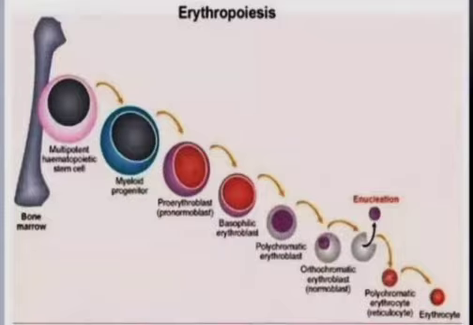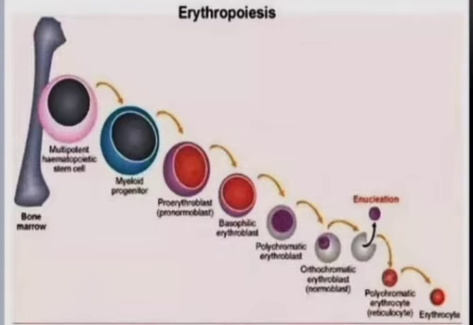The polychromatic erythroblasts are smaller in size than the basophilic erythroblasts, and they acquire a diameter of 12. So you can see that the sizes of these cells are gradually and progressively reducing. The same thing with their nucleus. The nucleus is also reducing in size.